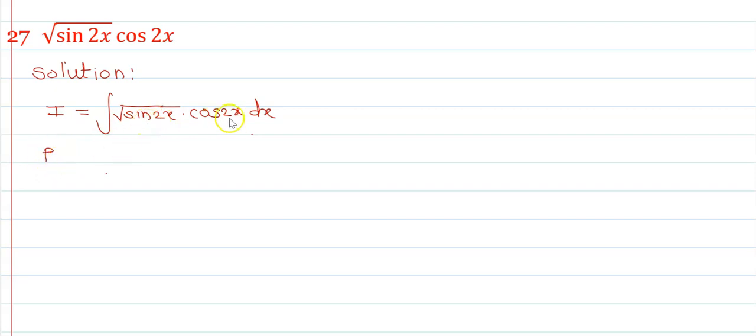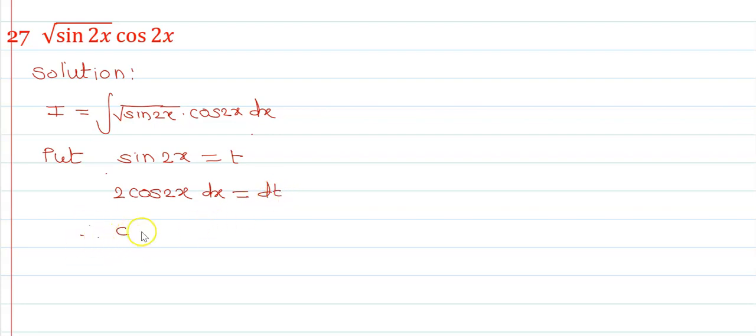Put the function and its derivative. Put sin of 2x is equal to t. Its derivative: derivative of sin of 2x is cos of 2x, derivative of 2x is 2, so 2 times cos of 2x into dx is equal to dt.